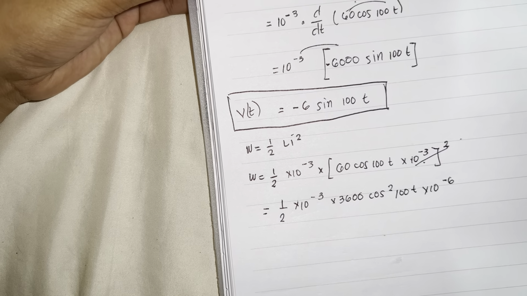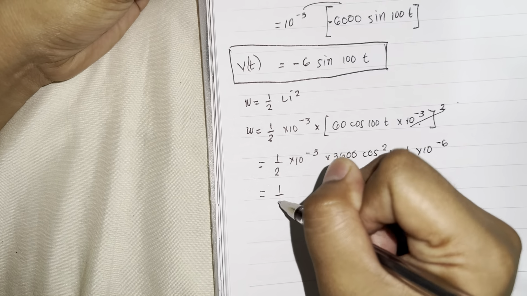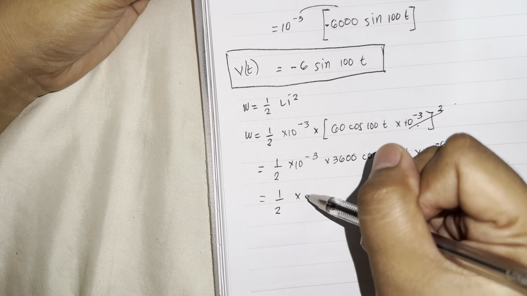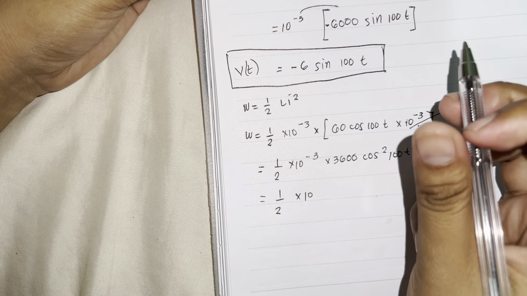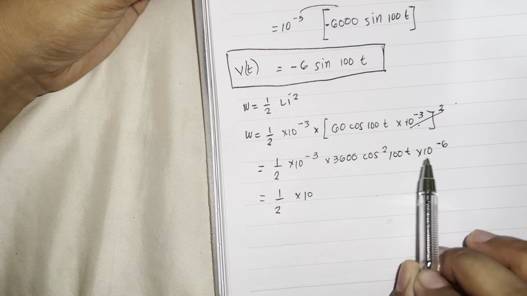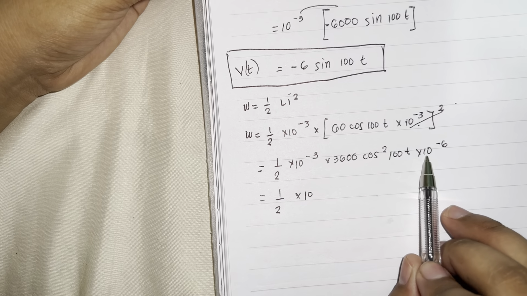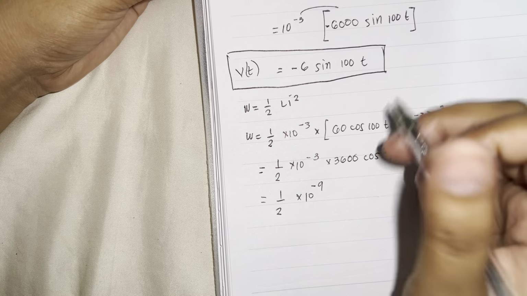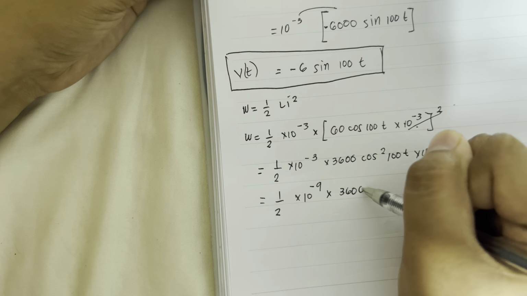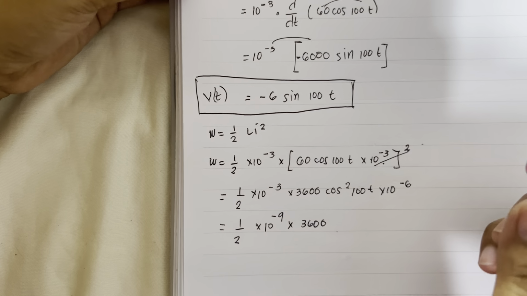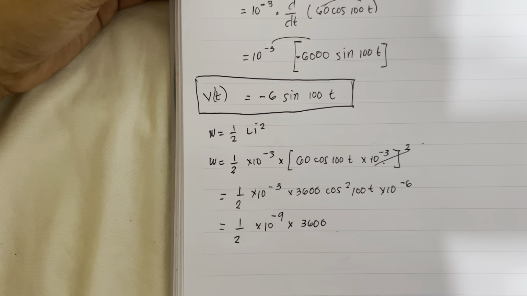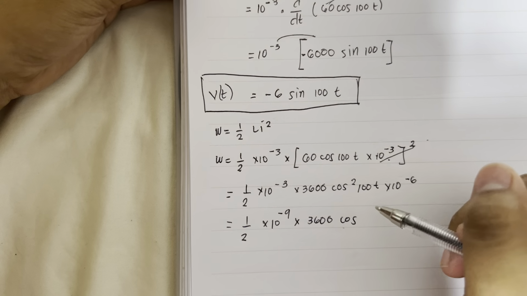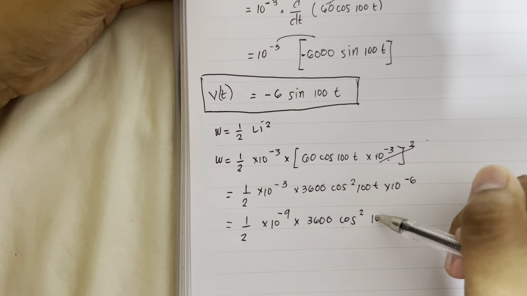Multiplying 10 to the negative 3 times 10 to the negative 6, we get 10 to the negative 9 times 3,600 cos squared 100t.